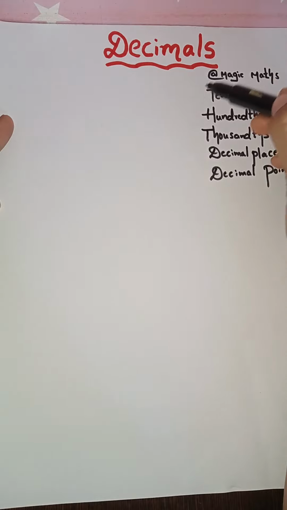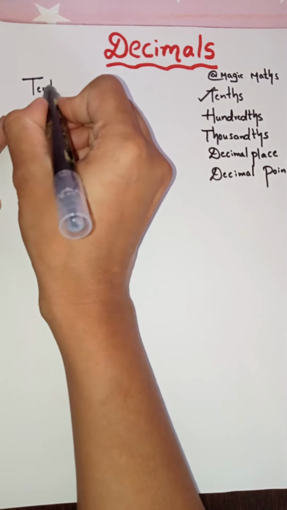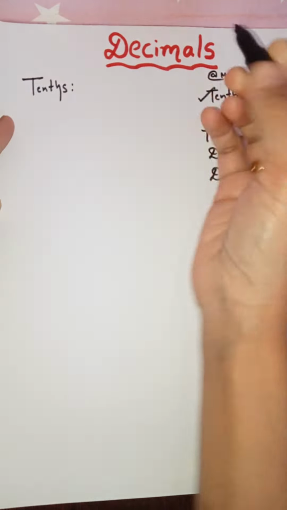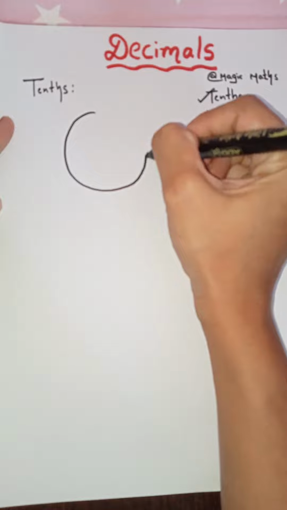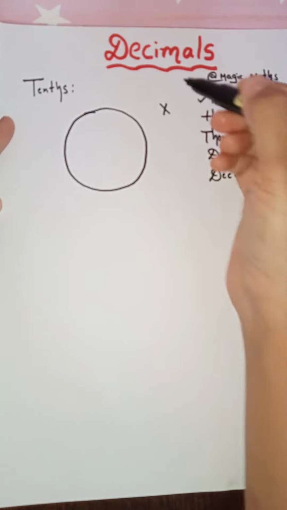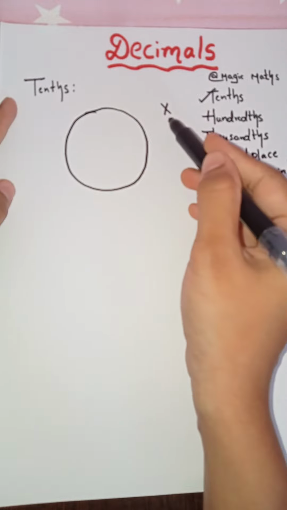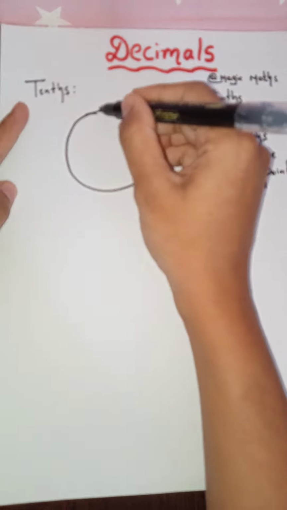So first let's discuss what tens are. Let's see a small example. There are 10 children attending a birthday party. His mother cuts the pizza into 10 equal parts.